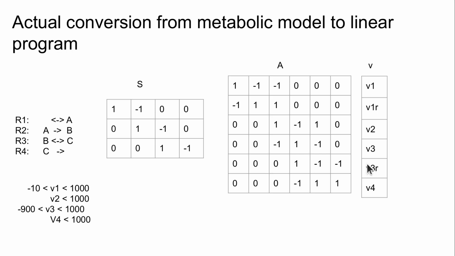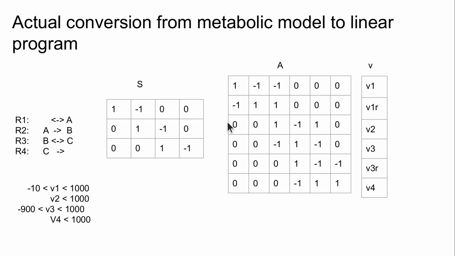And we've had to add a V3R that is the same as V3, but just with the signs flipped, as we did here with V1 and V1R. So that's the first modification we need to do, because we need to satisfy this requirement that all of these individual fluxes are positive.